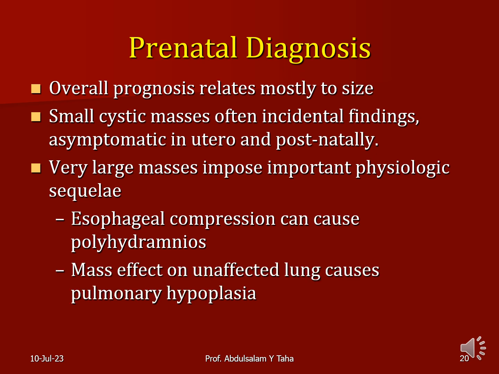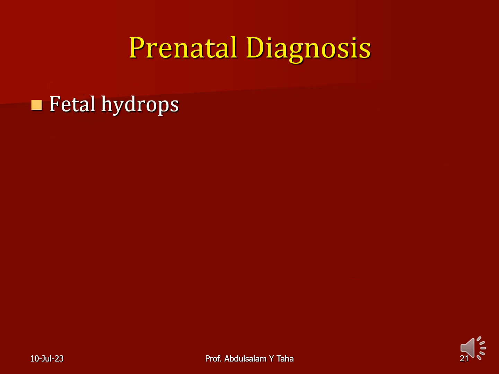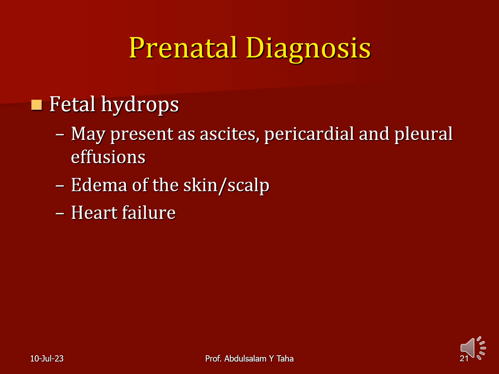Mass effect on the unaffected lung causes pulmonary hypoplasia. IVC and cardiac compression causes low cardiac output or congestive heart failure and fetal hydrops. Fetal hydrops may present as ascites, pericardial and pleural effusions, edema of the skin and the scalp, and heart failure.